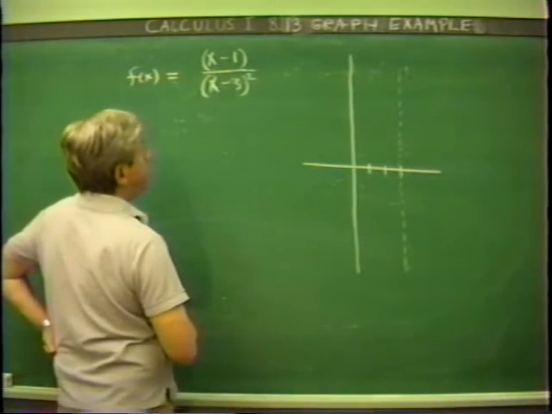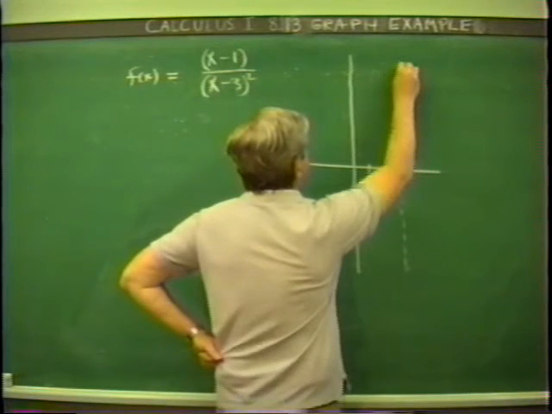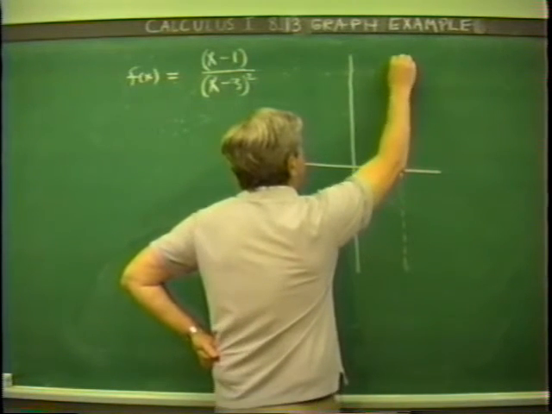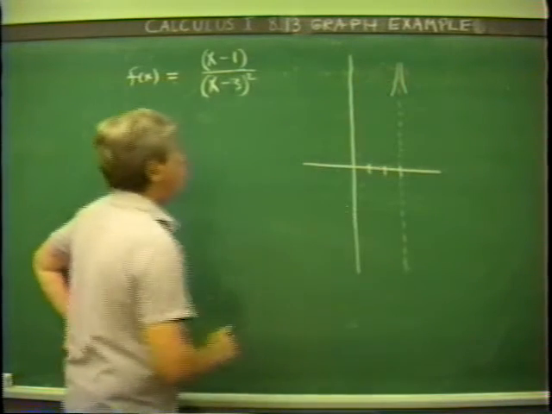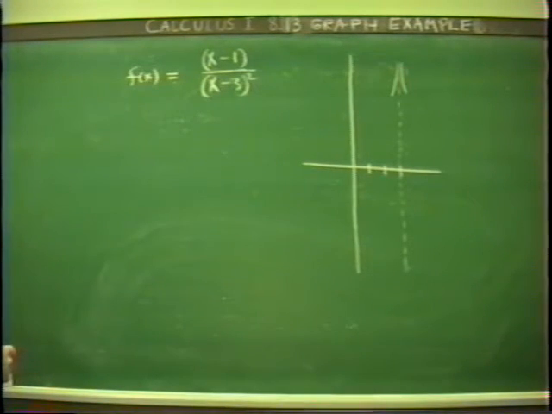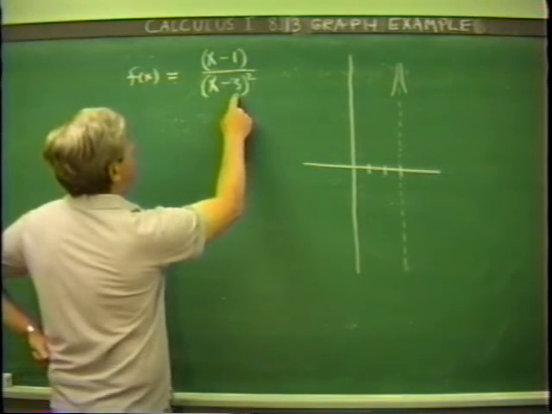As x approaches 3 from the right or from the left, the numerator here is going to be positive. The denominator is also going to be positive, so that plus infinity is the limit from the right, and plus infinity is the limit from the left. And so the graph looks something like this.